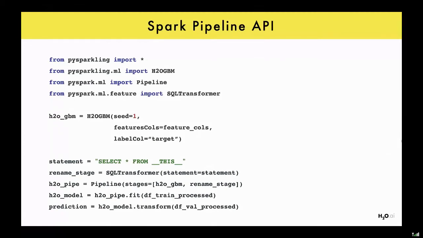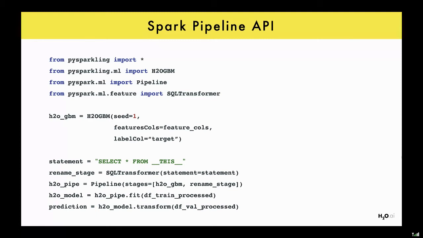I'm specifying feature columns. You can pass an array of feature columns, as many as you want, and you also specify the label column, which is the target column or response. So that's how I can specify the Sparkling Water algorithm stage, the estimator.